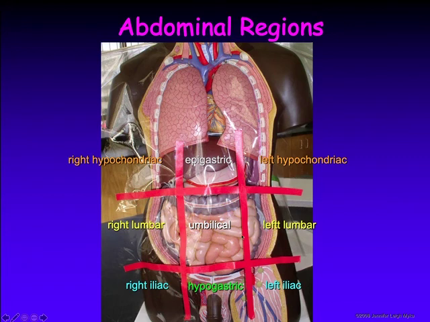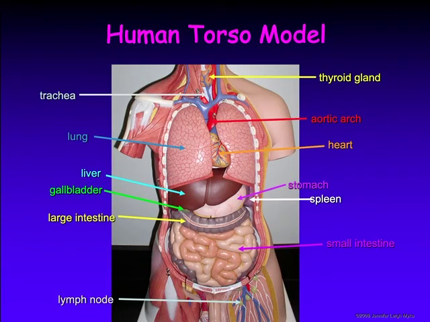okay? So the idea here is that you get familiar with these regions and the organs underneath them, and that'll let you answer questions about if a patient has a problem in that region, what's a possible candidate organ. Okay. Other features for human torso shown here.